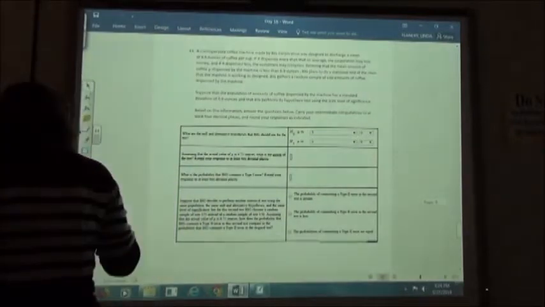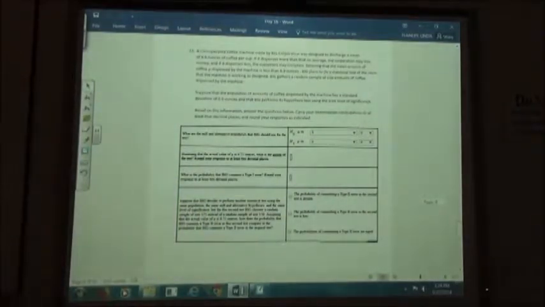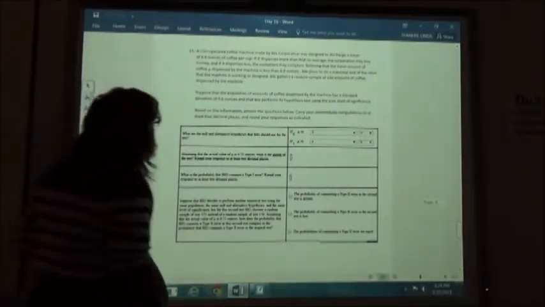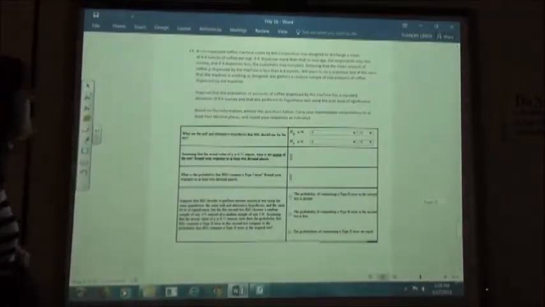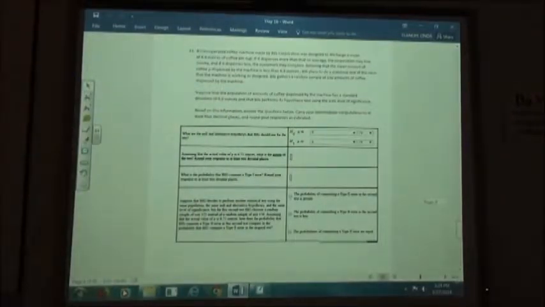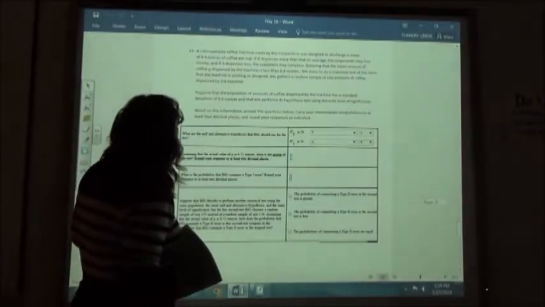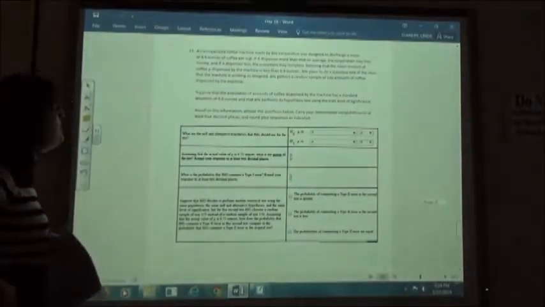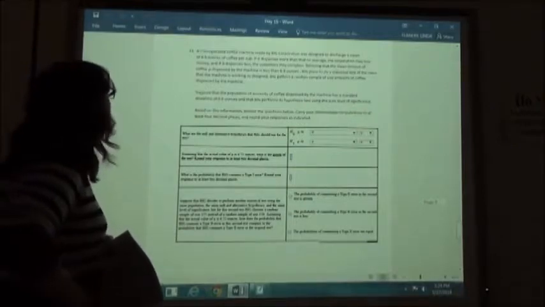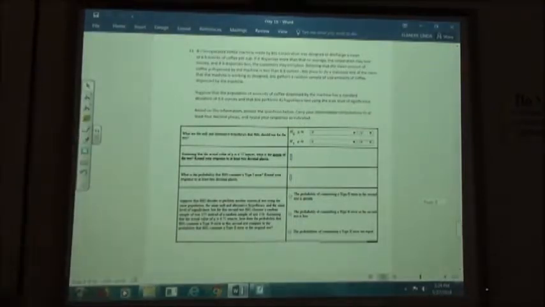So, number 11. A coin-operated coffee machine made by a big corporation was designed to discharge a mean of 6.9 ounces of coffee per cup. If it dispenses more than that on average, the corporation may lose money. If it dispenses less, the customers may complain.